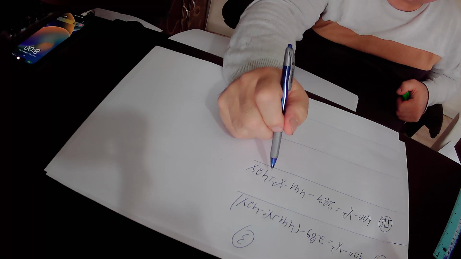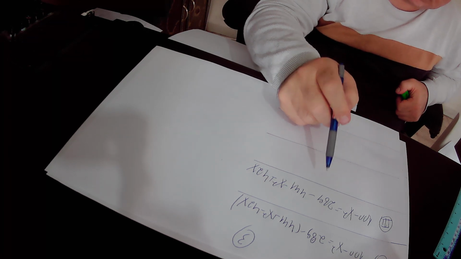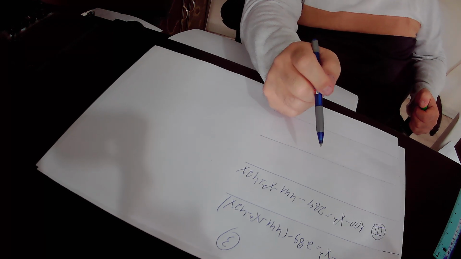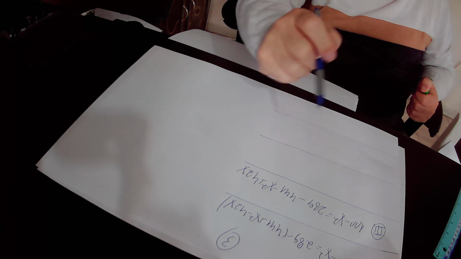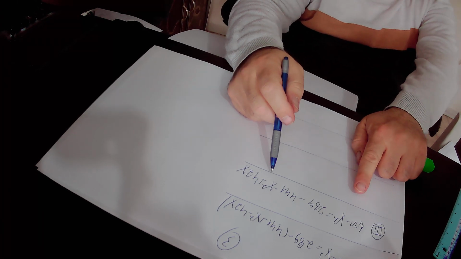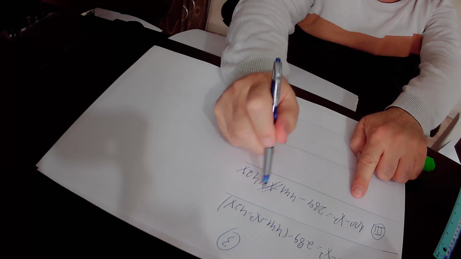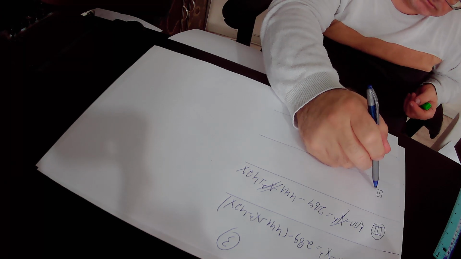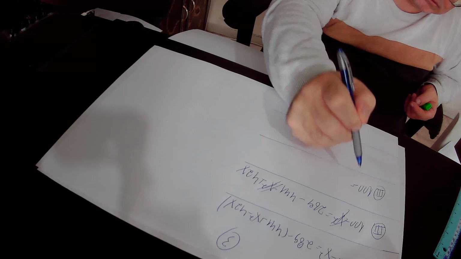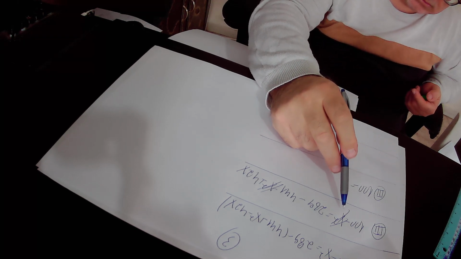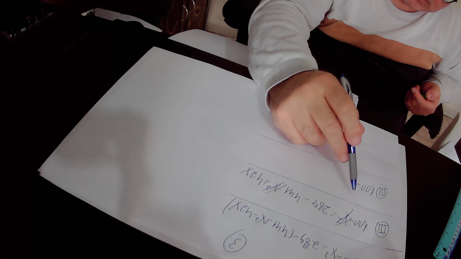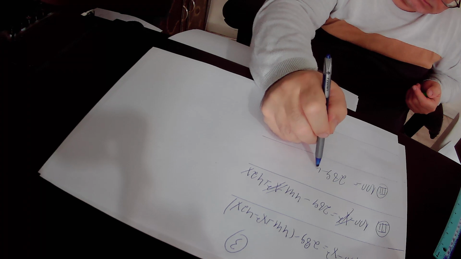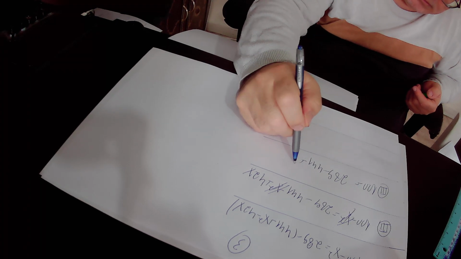So according to equation 3, 100 minus x squared equals 289 minus 441 minus x squared plus 42x. Here we have minus x squared on both sides of equation 3, so it cancels. On one side we are left only with 100, and on the other side with 289 minus 441 plus 42x.